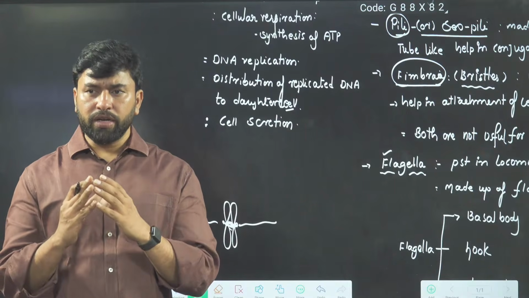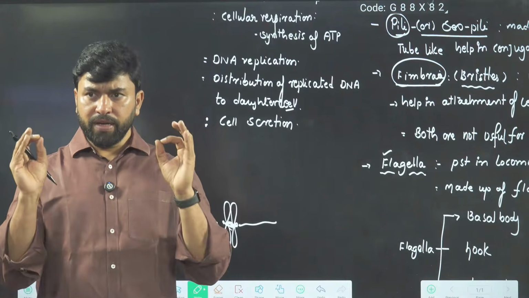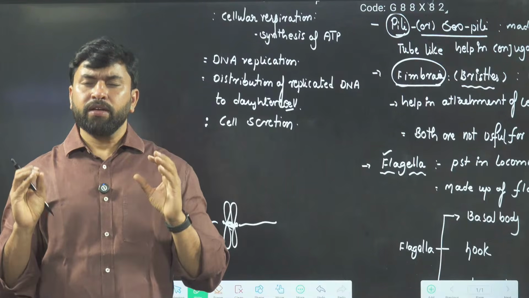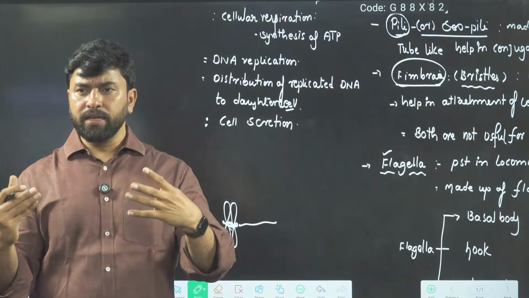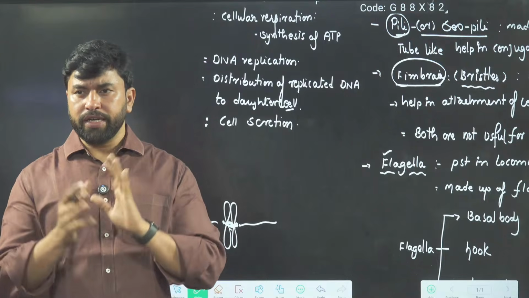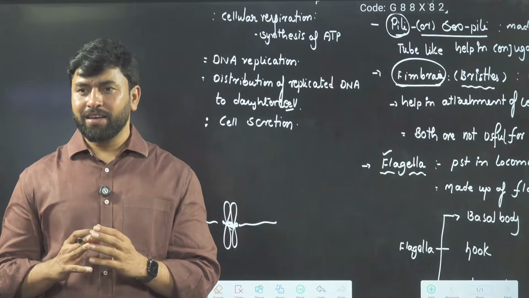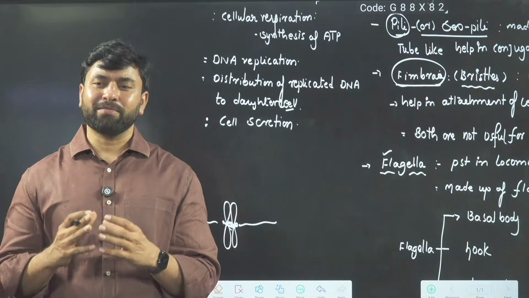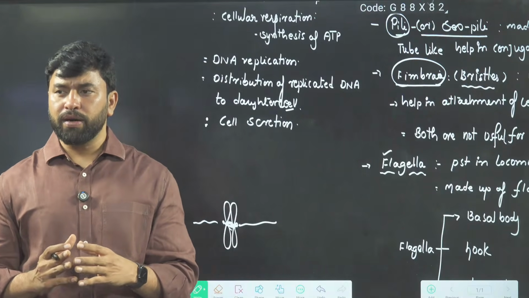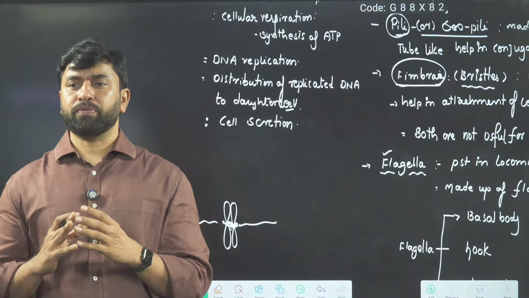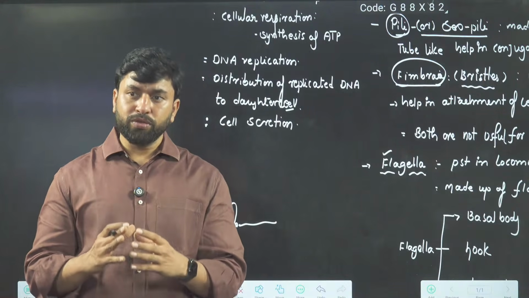Wherever a cell secretes something, anything that goes out of the cell is strictly regulated by the Golgi complex. But in a prokaryotic cell, the Golgi complex is not there. So somebody should be there to compensate that work. That work is done by our mesosomes also.